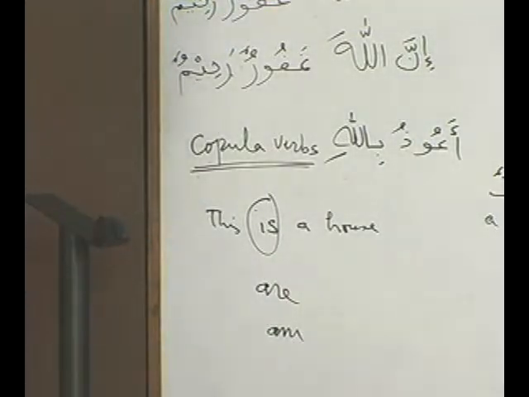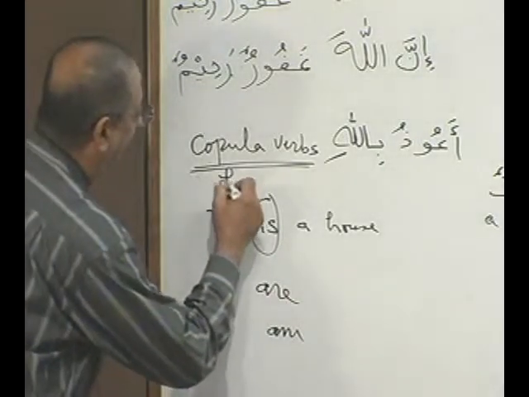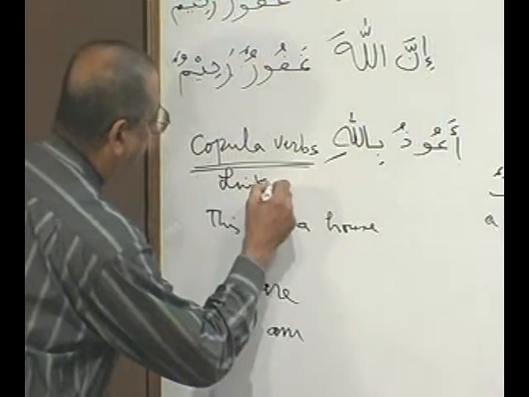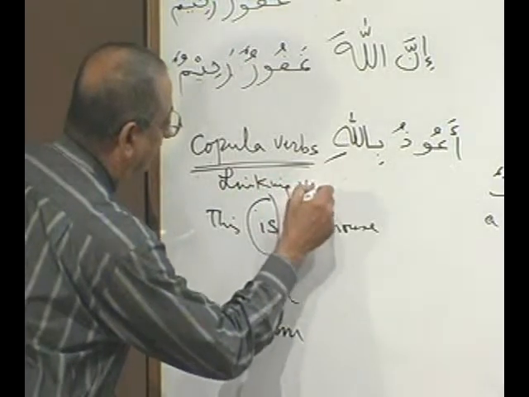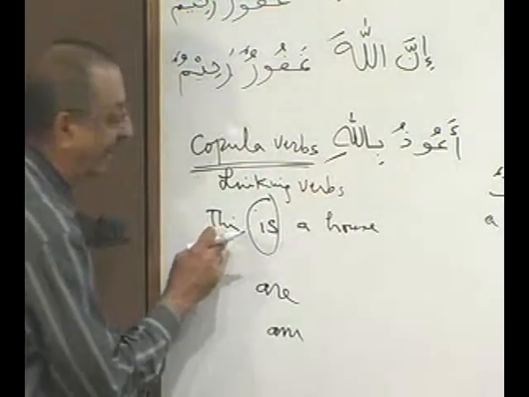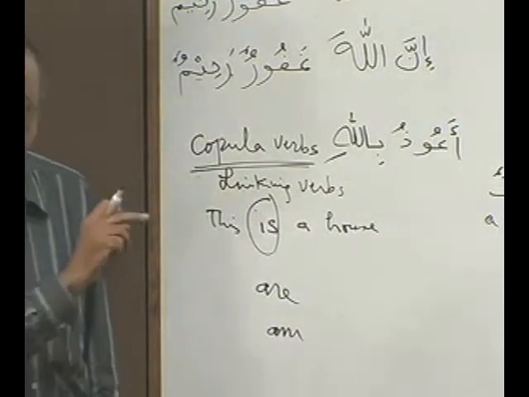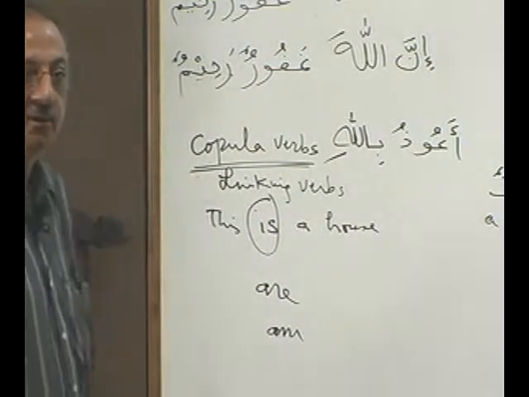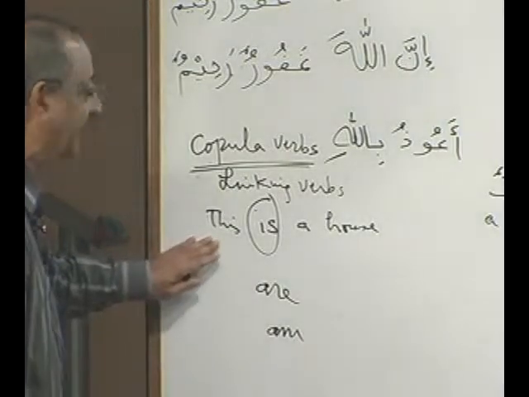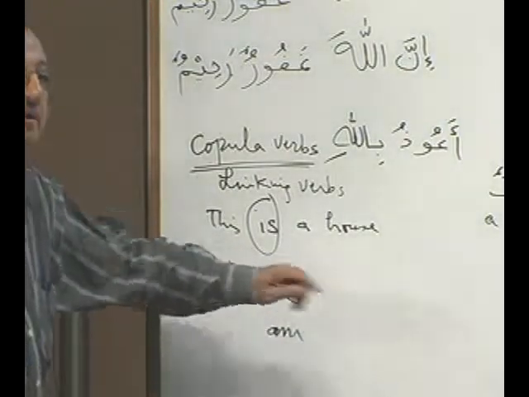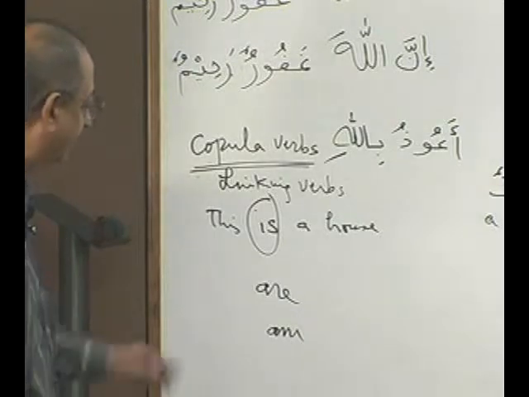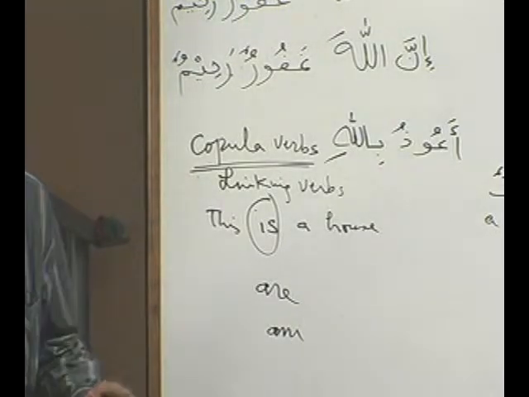They are called copula verbs, which means linking verbs. They link one noun with another noun, or they link the subject with the other noun.